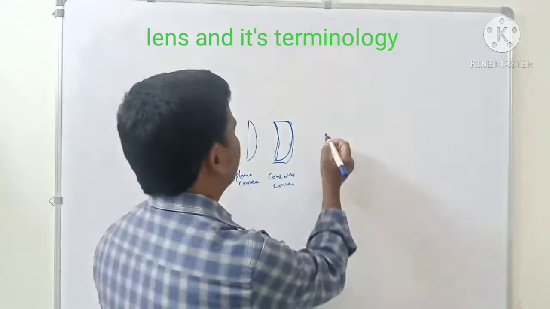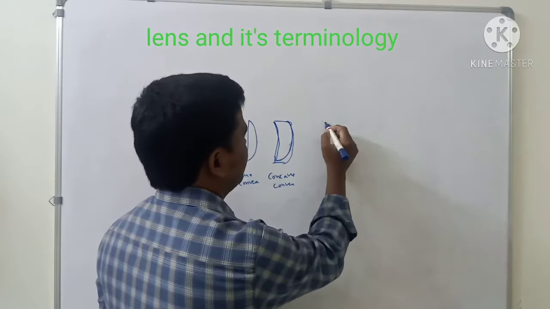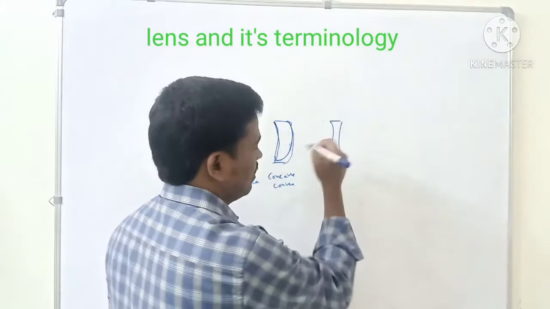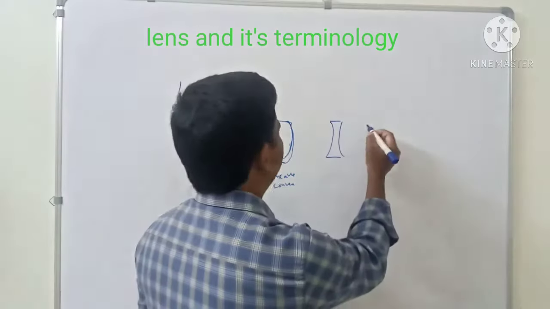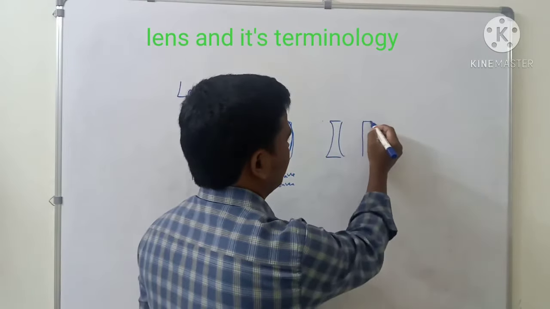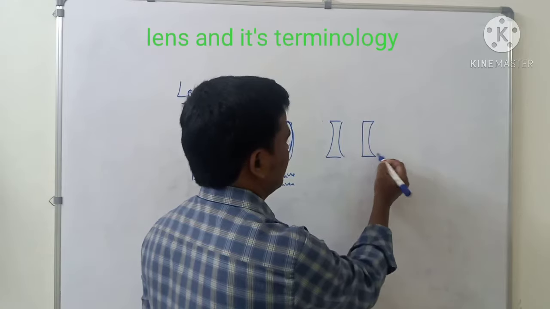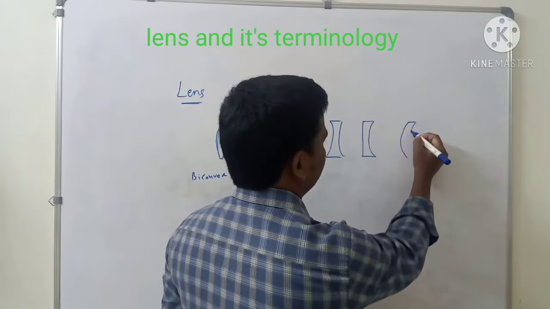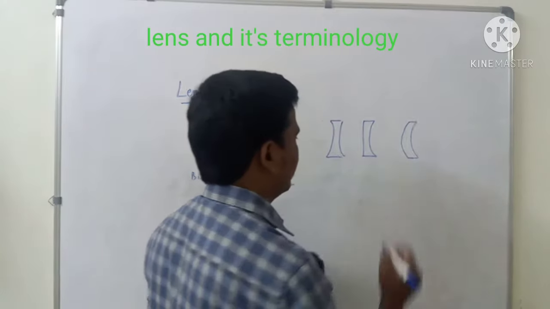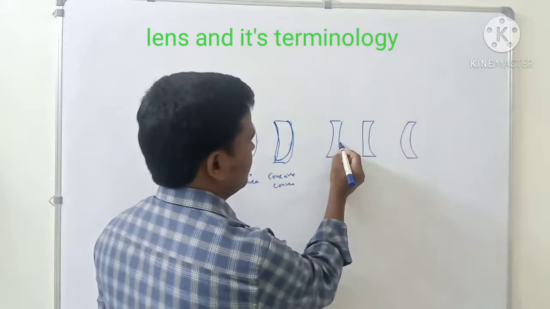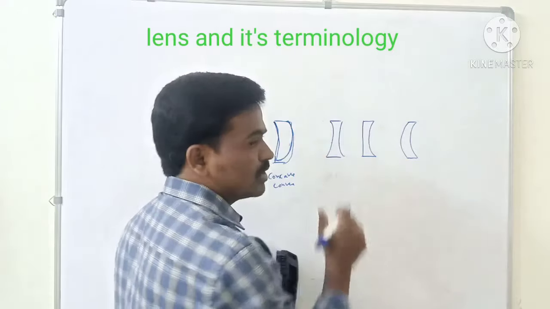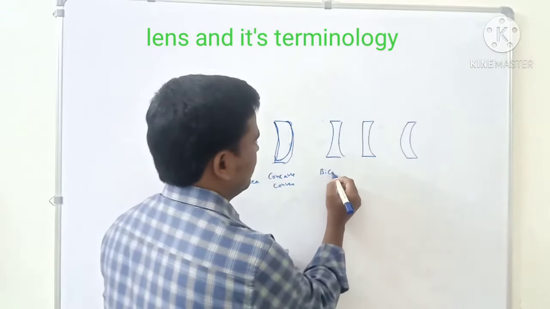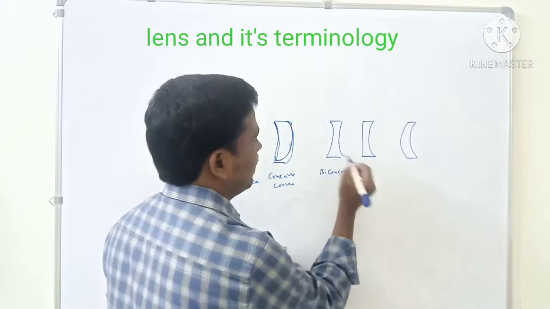And three others are there, which we all have in the textbooks. This is concave, this is convex. The lens having two concave surfaces is called a biconcave lens.